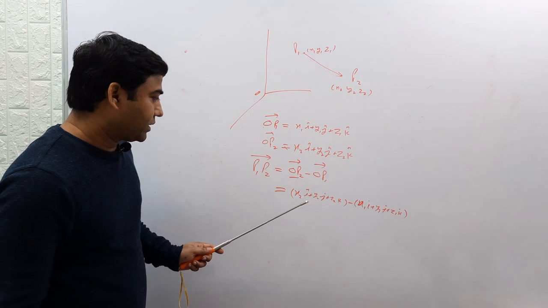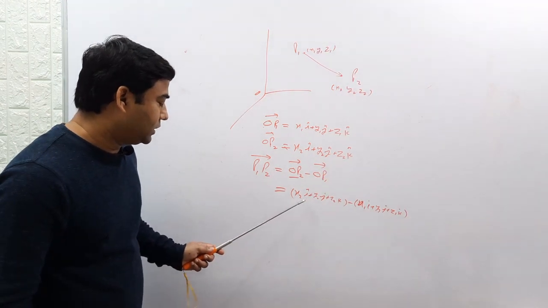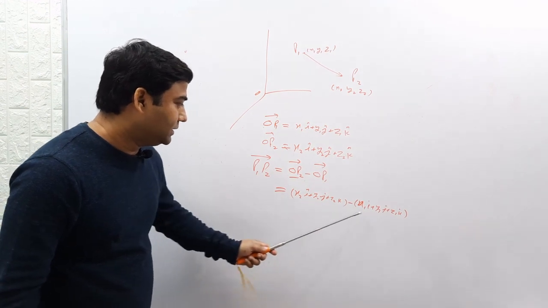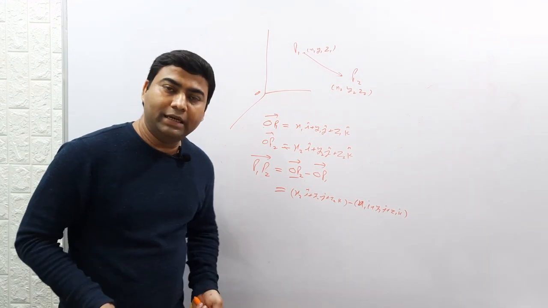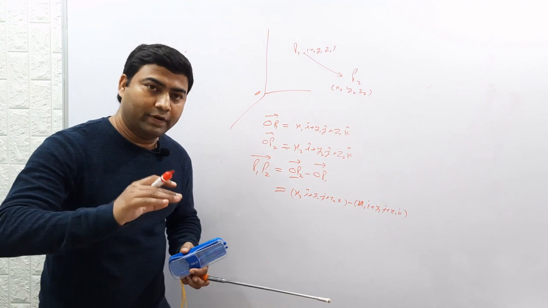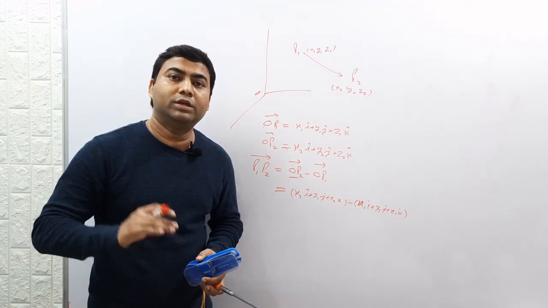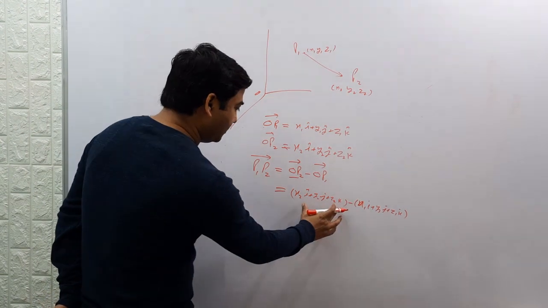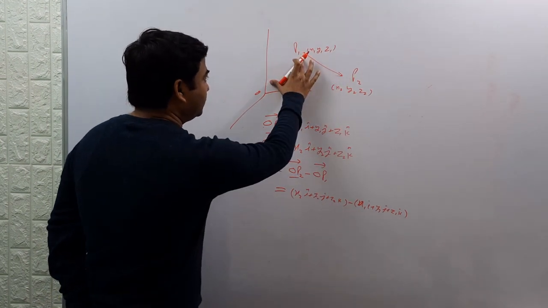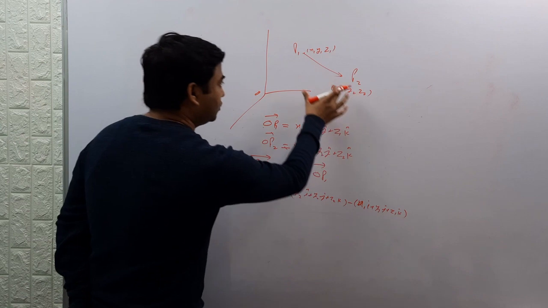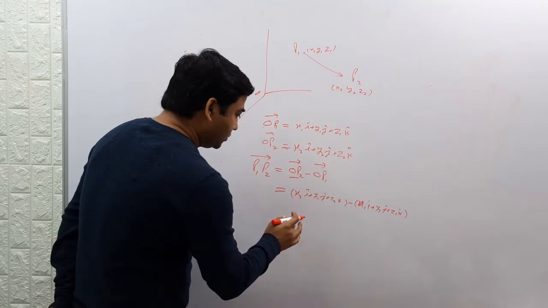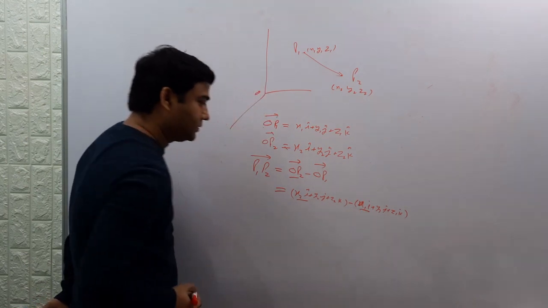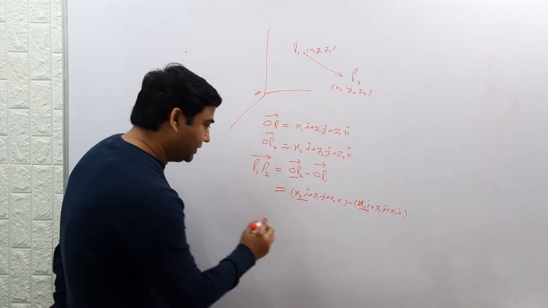So here we can see that, as these vectors are along i, we can algebraically add the components of i, components of j, components of k. These are the components of vector OP1, these are the components of vector OP2. So the i components of both vectors can be algebraically added.